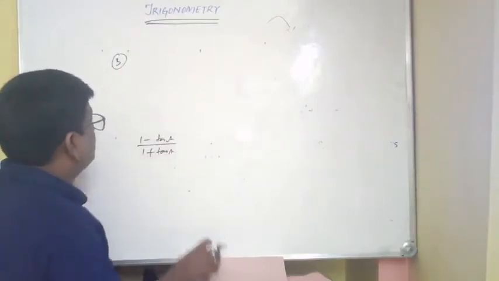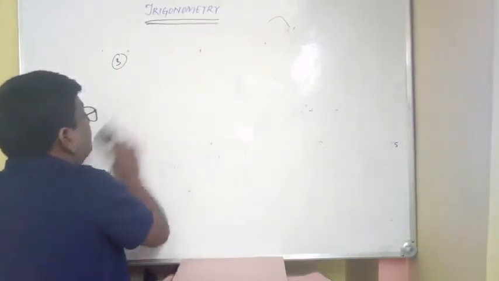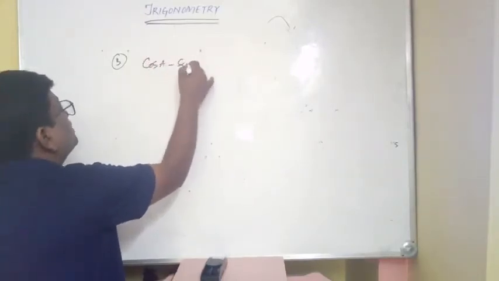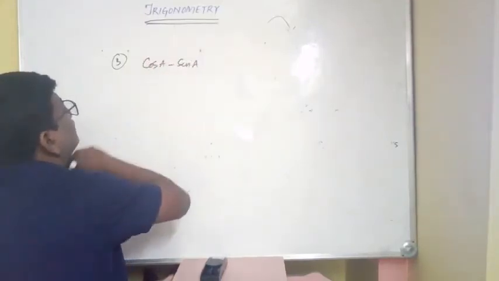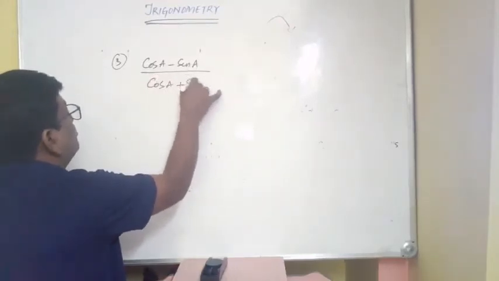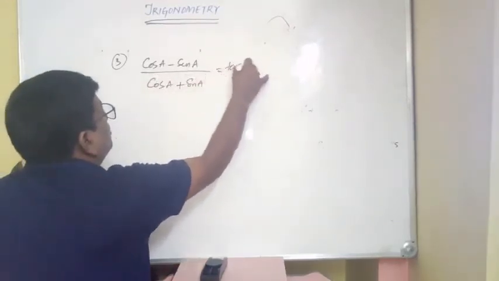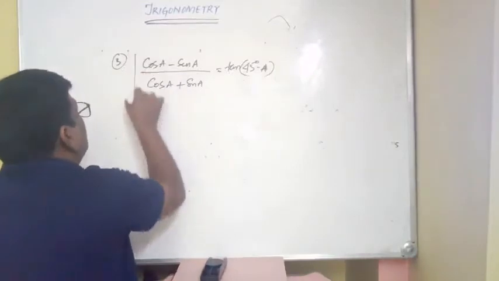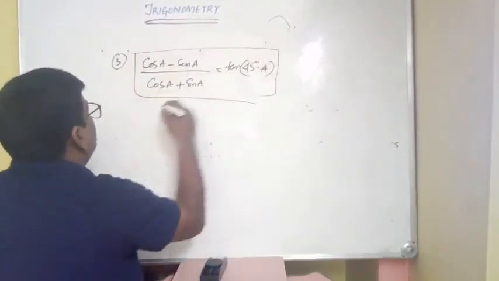So the formula will be (cos A minus sin A) divided by (cos A plus sin A) is equal to tan(45 degree minus A). How is this obtained here?